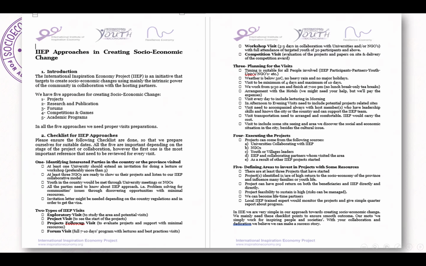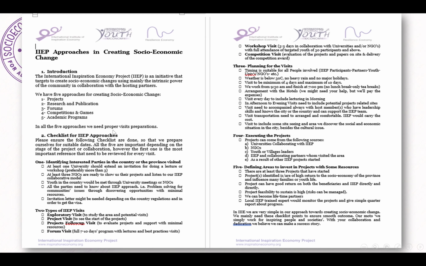For that, we need different approaches in creating socioeconomic change. We are using the approach of having projects, doing research and publication, conducting forums or conferences, creating competitions, or doing academic programs.